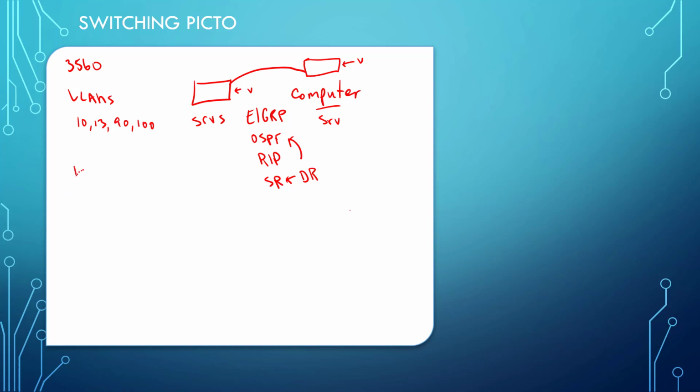So as an example, we'll have 10.0.10.0/24. Let's just say this is going to be our data center. 10.0.13.0/24, 10.0.90.0/24, and 10.0.100.0/24. Now these are all going to be local on this switch.